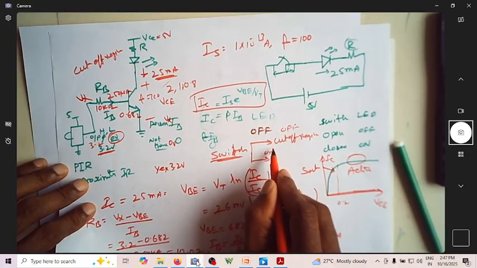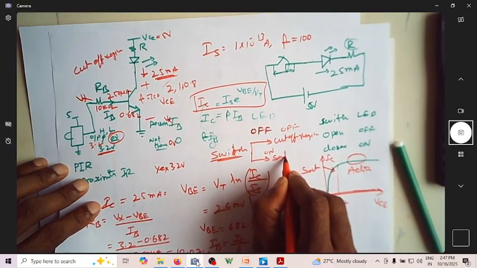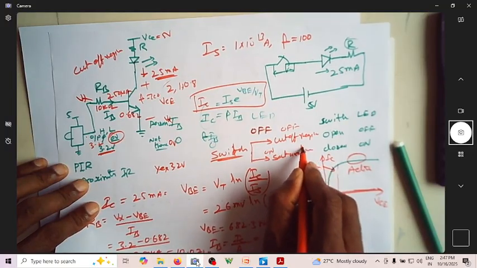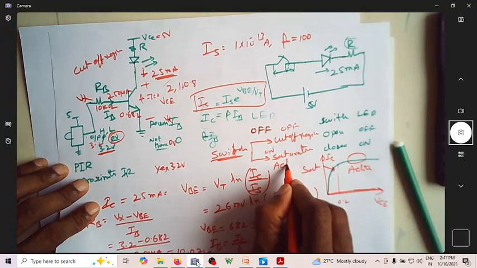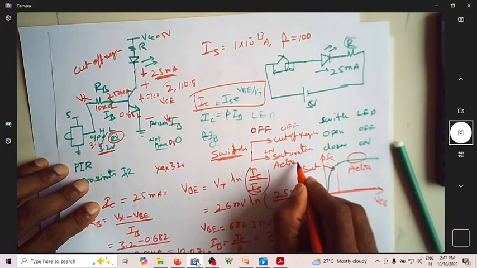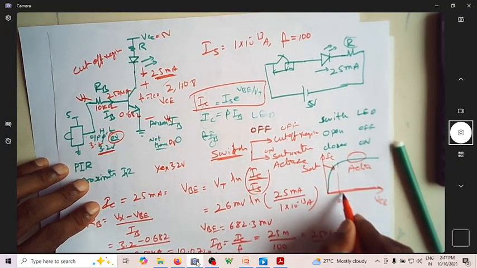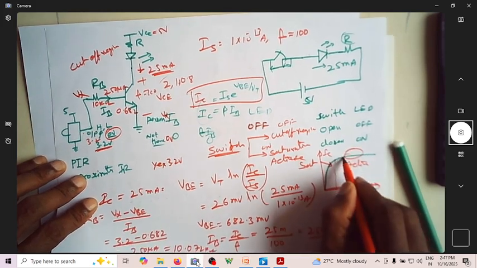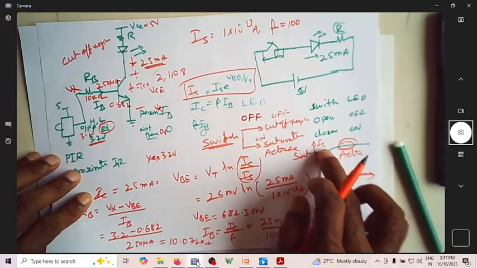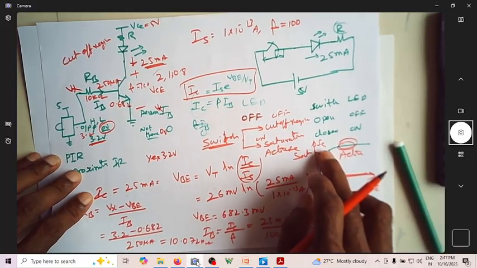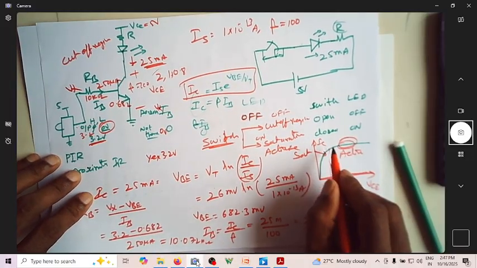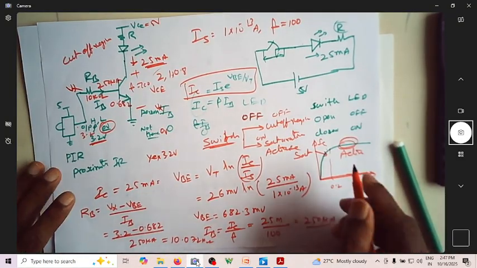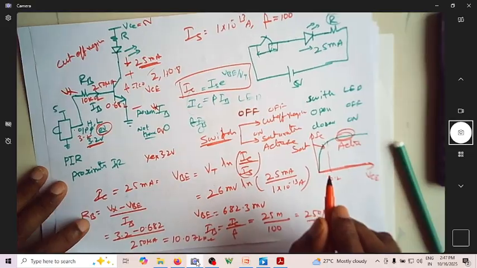When it is on condition, it can be either in saturation region or active region. Meaning, if the voltage is slightly more than 0.2, then the BJT is operating in active region. If it is slightly less than 0.2, like 0.18 or 0.15 volts, then it is in saturation region.